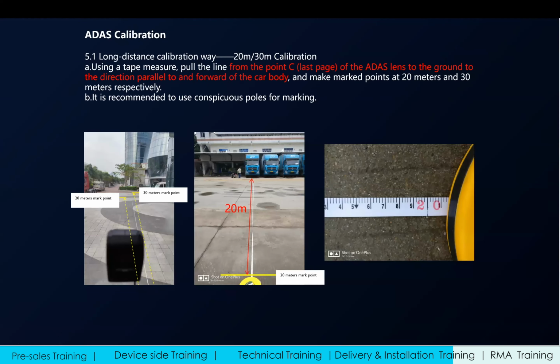And there are 2 ways to do the calibration. One is the long distance way. Measure on the ground from the vehicle toward the front direction, like 20 meters, and put a mark point, like a sticker or another item on the ground.